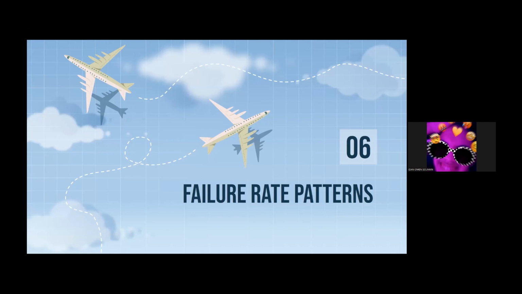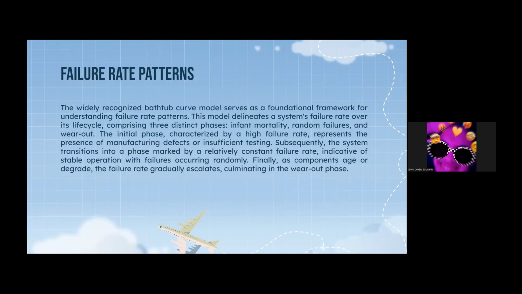Next is failure rate patterns. The widely recognized bathtub curve model serves as a foundational framework for understanding failure rate patterns. This model delineates a system's failure rate over its life cycle, comprising three distinct phases: infant mortality, random failures, and wear out.